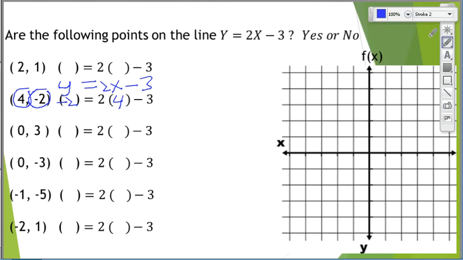Because if this statement is true, then the point is on the line. If this statement is not true, then the point is not on the line. So 2 times 4 is 8. 8 minus 3 is 5. 5 is not equal to negative 2. So we would say no.